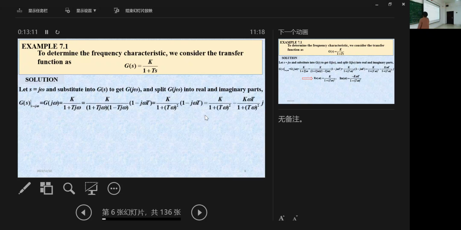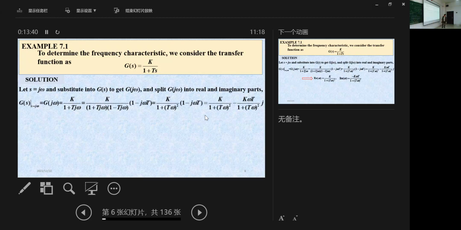So which part is the real part? K over 1 plus omega squared T squared. Then which part is the imaginary part? The one with j. So the part with the minus sign is the imaginary part.